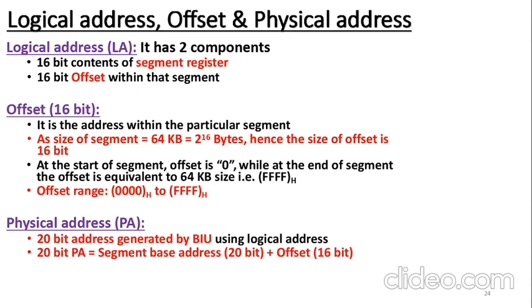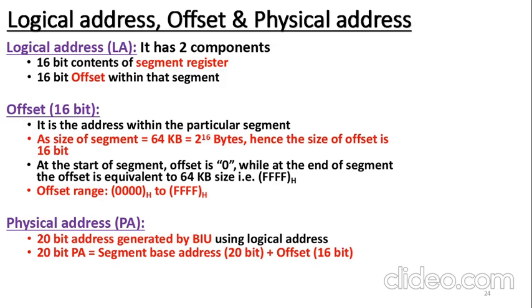First of all, we have to define the starting address, also known as the base address, of the corresponding segment. So physical address is nothing but the segment base address, which is 20 bit, plus the 16-bit offset added to it. Now what does it mean? And from where can I get that segment base address?